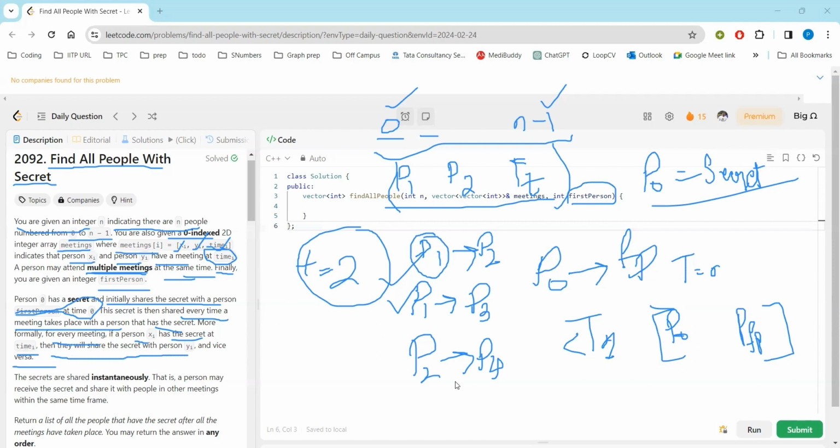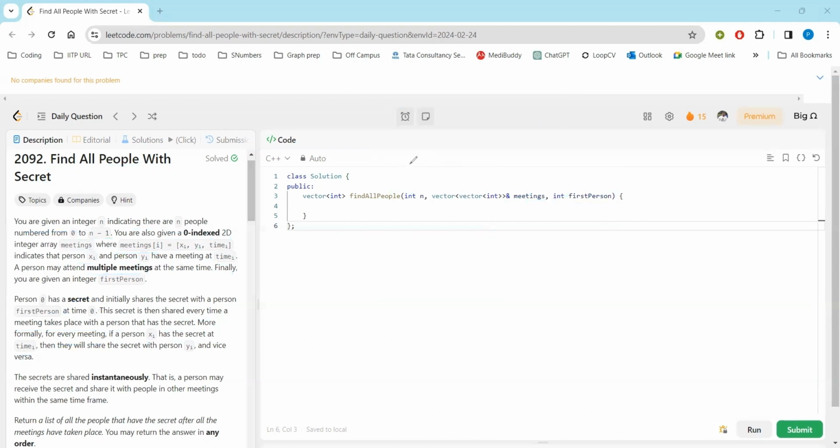So what they are saying is, if there is a meeting between person 1 and person 2 at, suppose, time frame t equal to t, and before this time frame, suppose person 0 knows the secret and person 1 knows the secret.